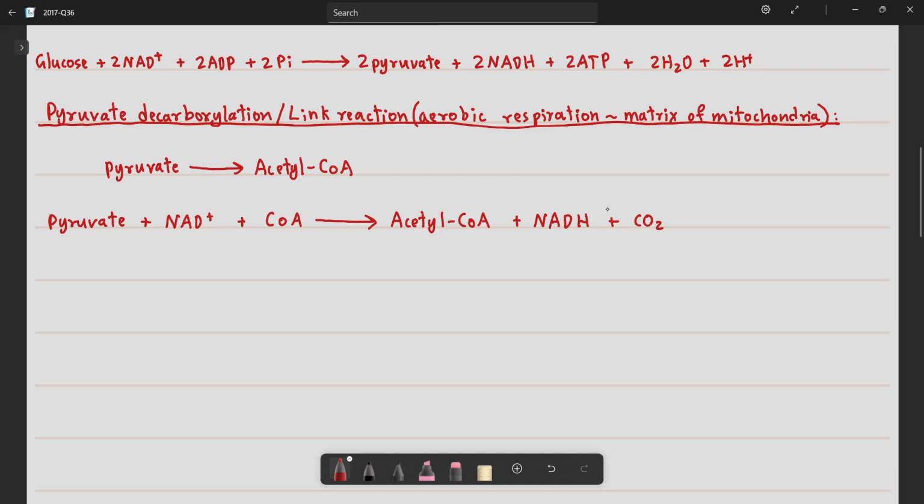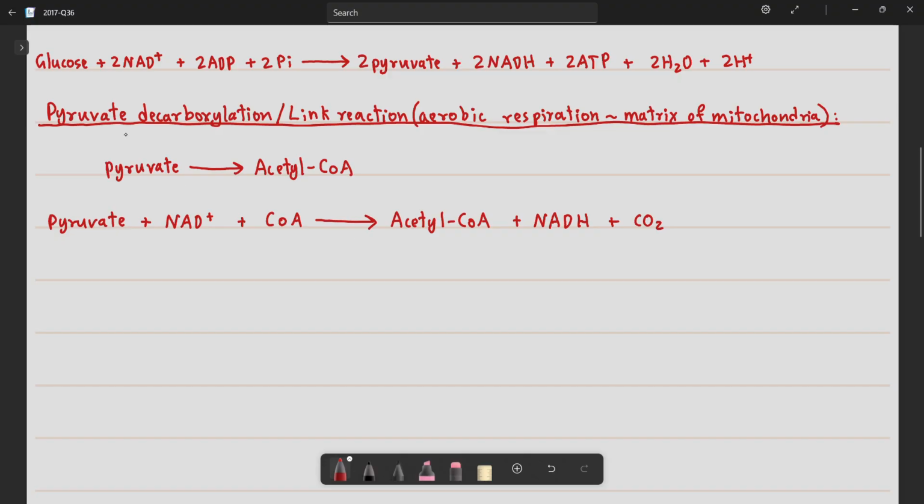So that's why this reaction is named decarboxylation, as it produces carbon dioxide as the byproduct. So now we have the main product, acetyl CoA. But you have to know one thing, that this is per pyruvate. But if you're writing this equation per glucose, which normally produces 2 pyruvate, everything doubles.